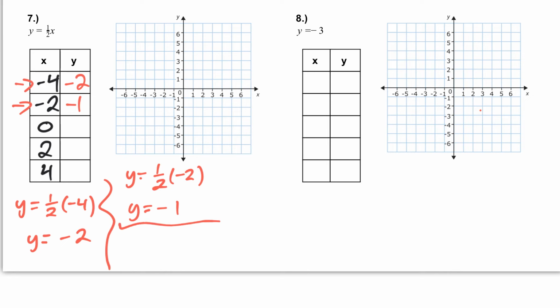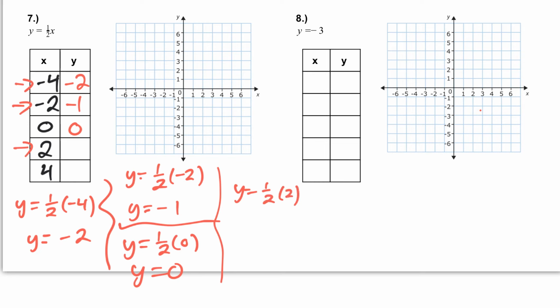Okay, plugging in 0 for x, we get y is equal to 1/2 times 0. Anything times 0 is going to give us 0 there. So y is equal to 0 for our third point. The next value, if we plug in 2 for x, y is equal to 1 half times 2.